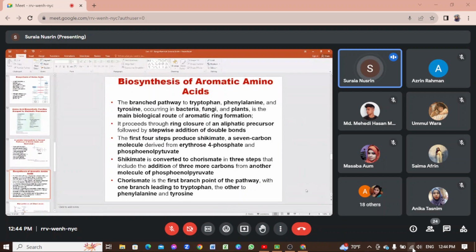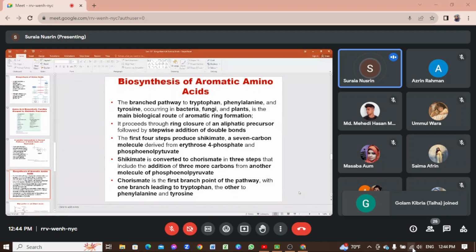Chorismate is the common intermediate which ultimately leads to the biosynthesis of these 3 aromatic amino acids: one going to tryptophan, and another leading to phenylalanine and tyrosine.